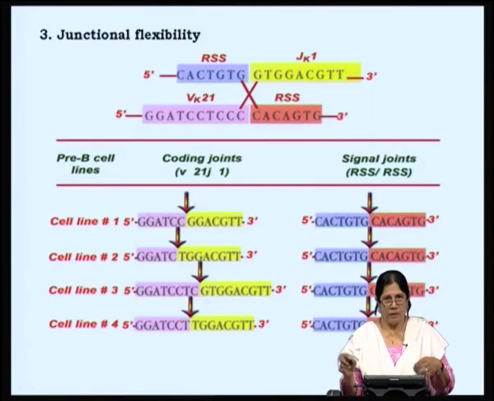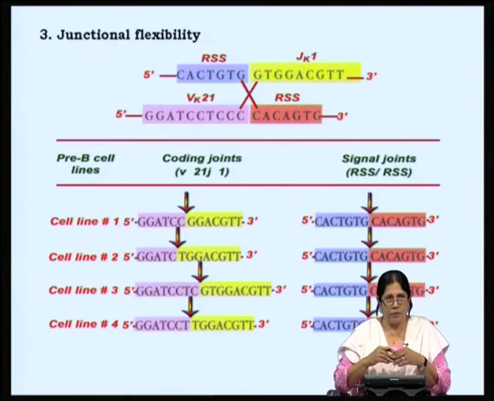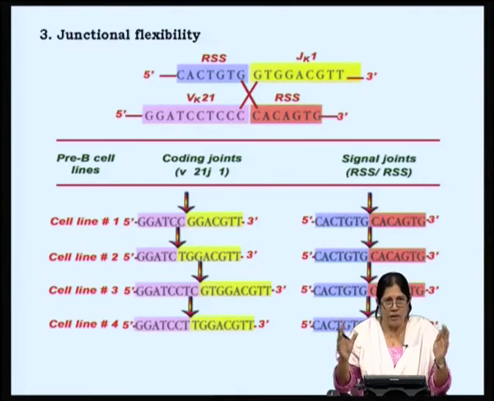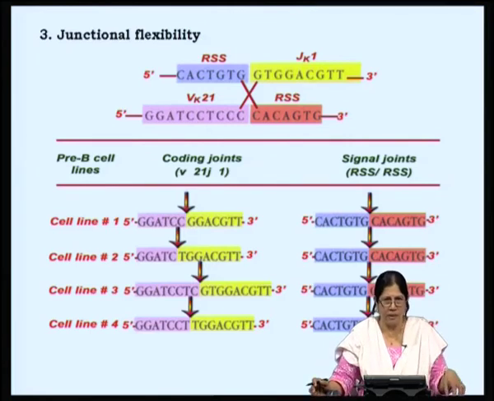So, let us go back and just think that we have now very large number of VDJ and combination between any one. Now, each B cell would have the capacity to join any one.